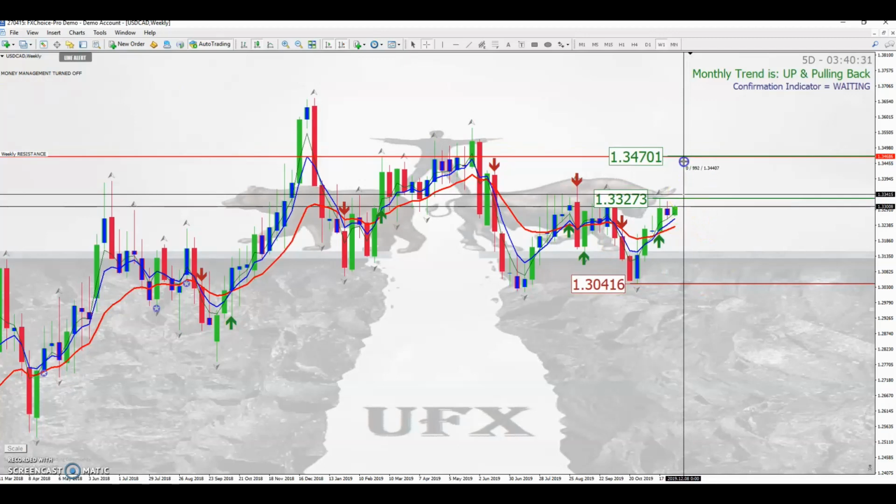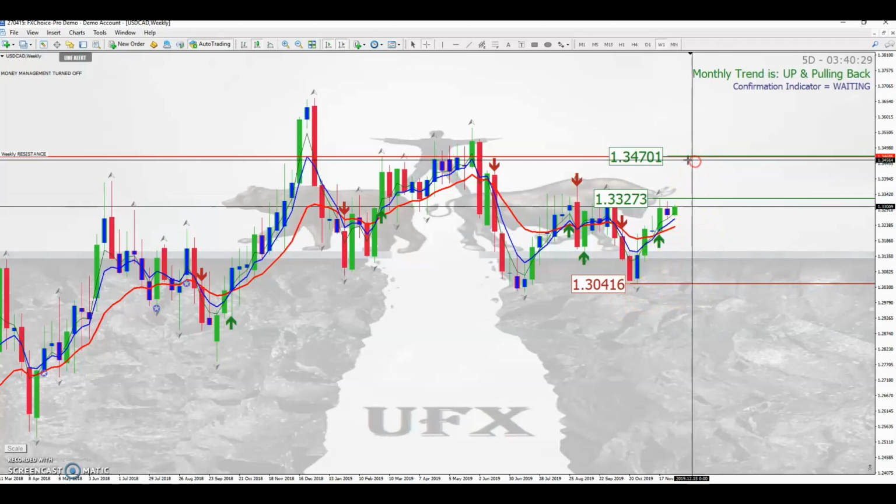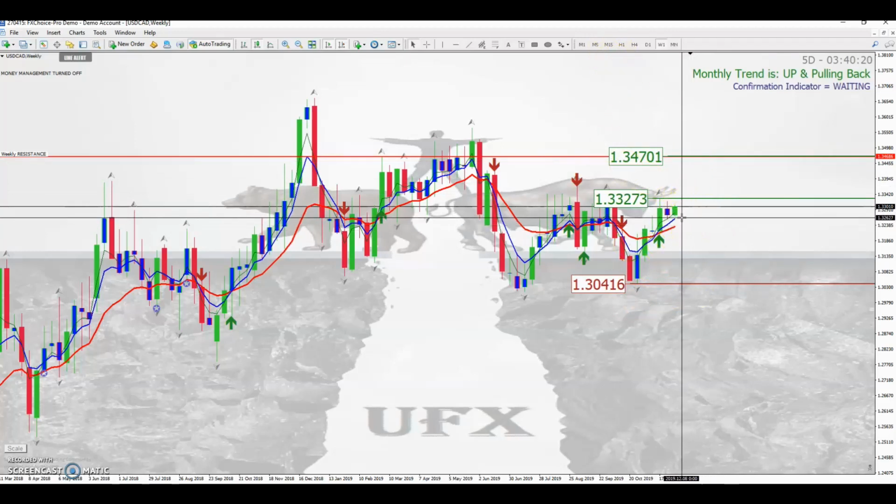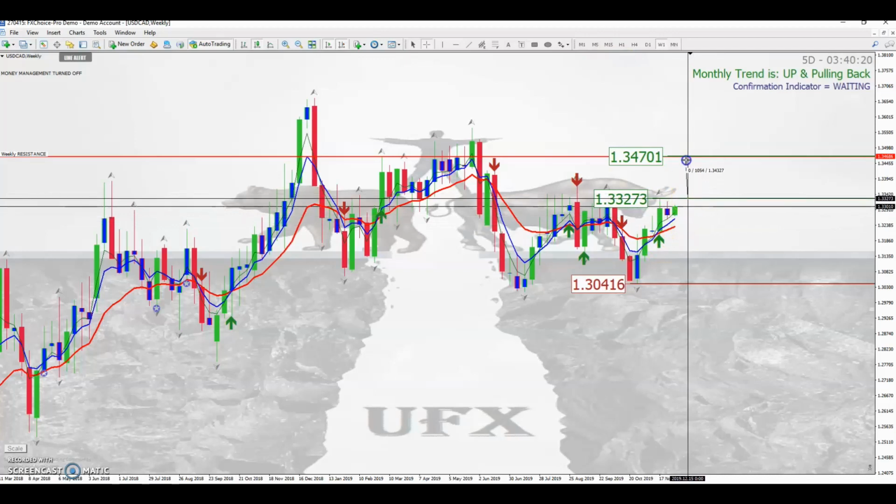If we did a buy stop here, we tried to get up here at 130 and put our stop down here at 319, that's a terrible risk reward. So we want to target our weekly, but get in on lower time frames so that our stop loss is a lot less. So we're going for bigger targets with lower stop losses.